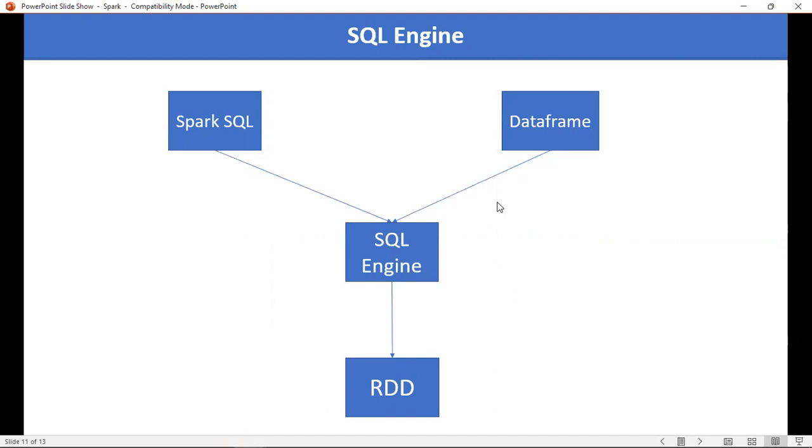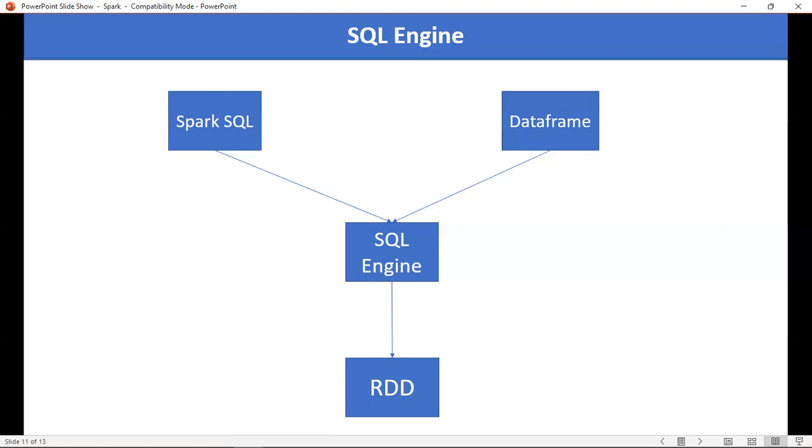Now, how is a data frame different from an RDD? An RDD is a low-level interface of coding in Spark, and a data frame is a high-level interface. So for example, if you have to do a group by operation in a data frame, it is fairly simple. But to do the same operation in RDD, it is extremely complex.